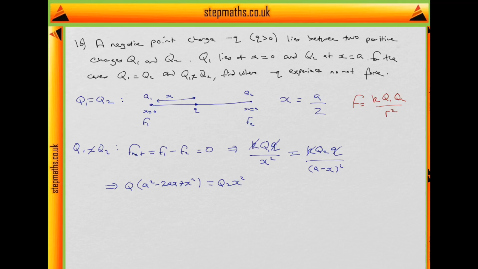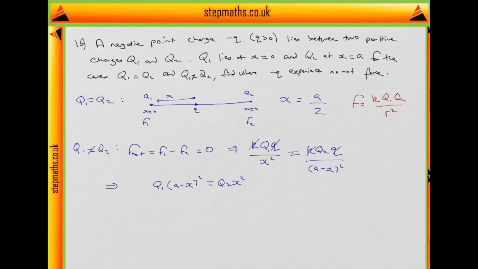In fact, writing that out was not the best way to go, so we'll rewrite this as Q1 times (a minus x) squared equals Q2 x squared. The reason we don't want to expand it out is we want to find an expression for x in terms of a.